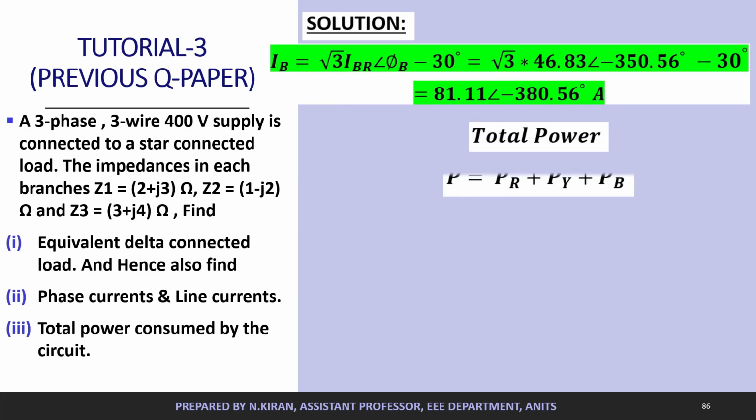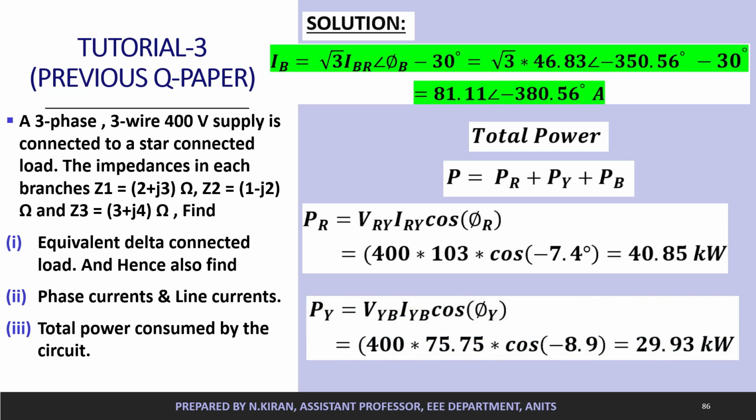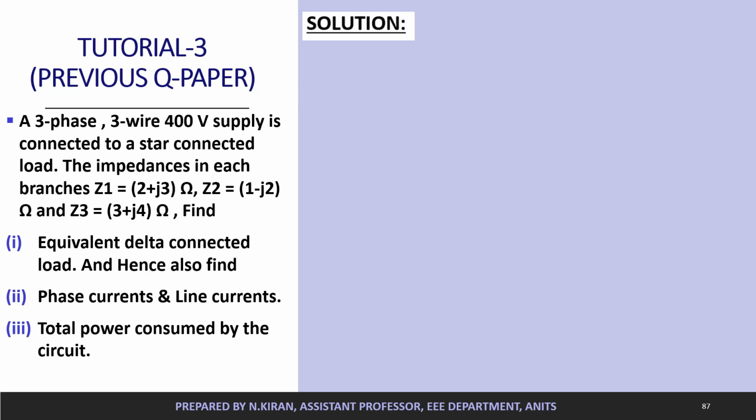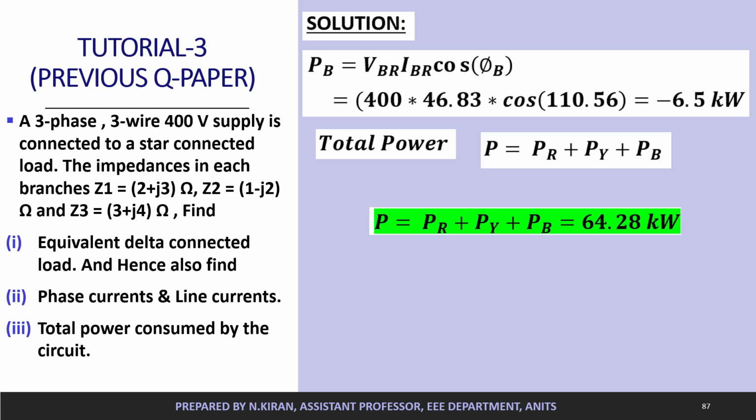The total power is P equal to PR plus PY plus PB, since it is an unbalanced load. So individually finding the powers and summing up all the three phase powers, you will get the total power consumed to be 64.28 kilowatts.